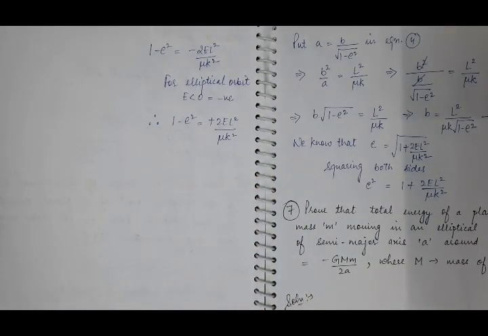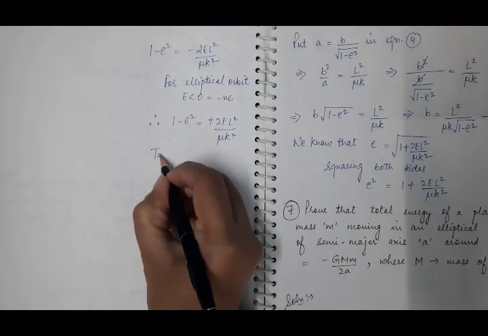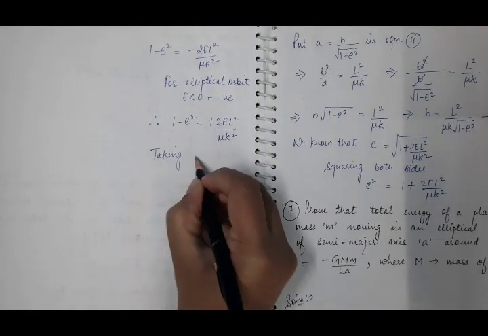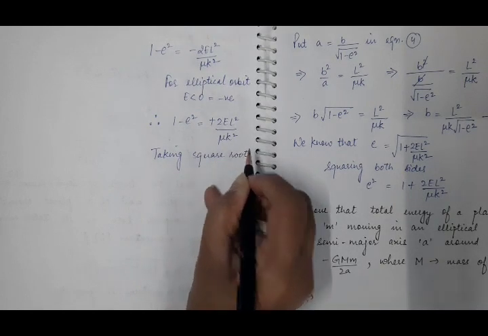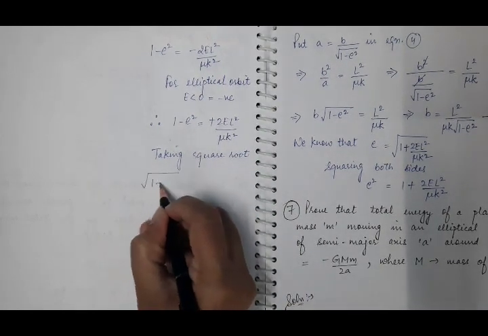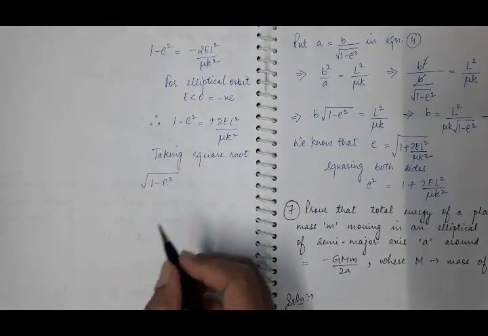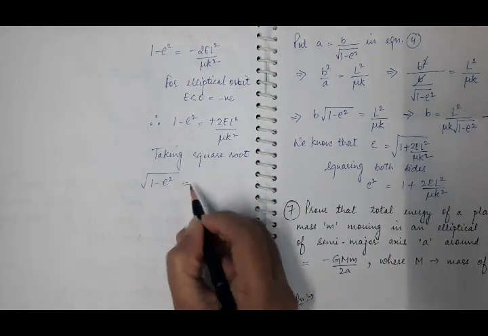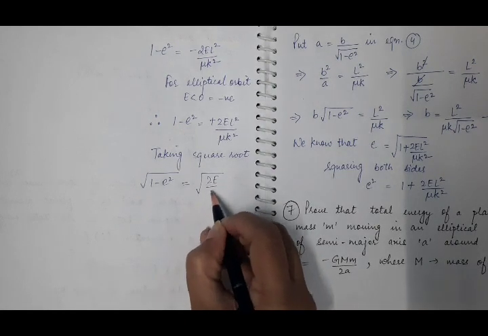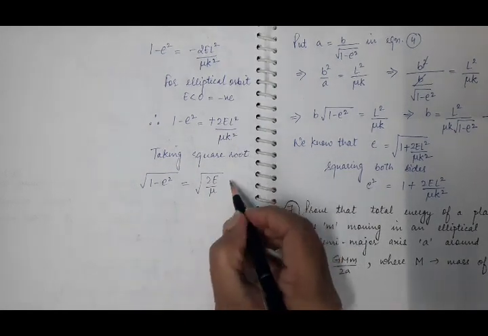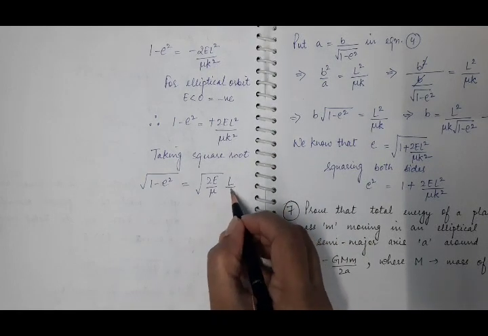And we have to find the value of root 1 minus e square. So take square root on both sides. Taking square root on both sides, you will get root 1 minus e square equal to root 2E by mu. Root of L square will be L and root of k square will be k.